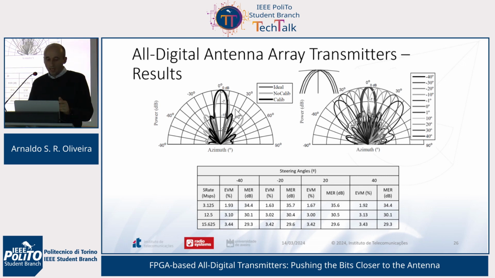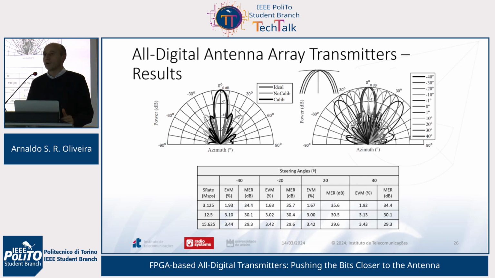Then we also performed some experiments to see if we can steer the beam correctly, and we realized that without calibration we achieved, in the left picture, the radiation diagram with the gray line, so there was a little deviation.